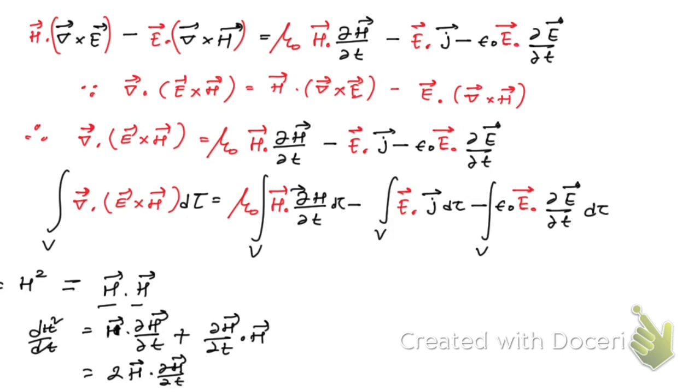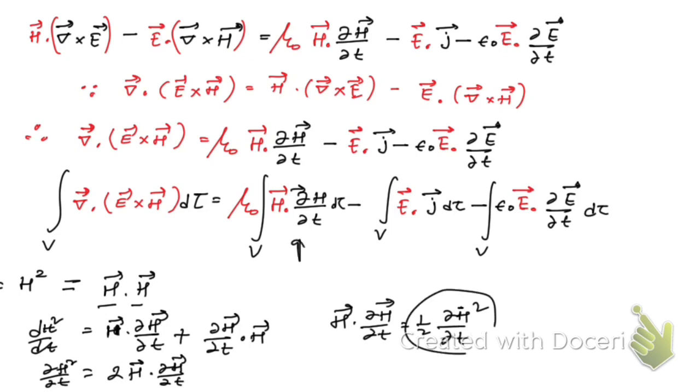So from here you see we have got del H square by del t. So H into del H by del t can be written as half of del H square by del t. So we can replace this by this quantity.